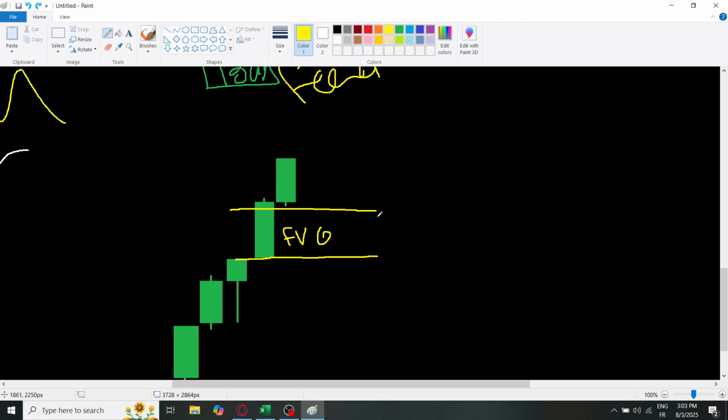So what price likes to do is come back here to check if there are any participants that want to trade at this area. And then there is a rejection, meaning a doji candle like this.